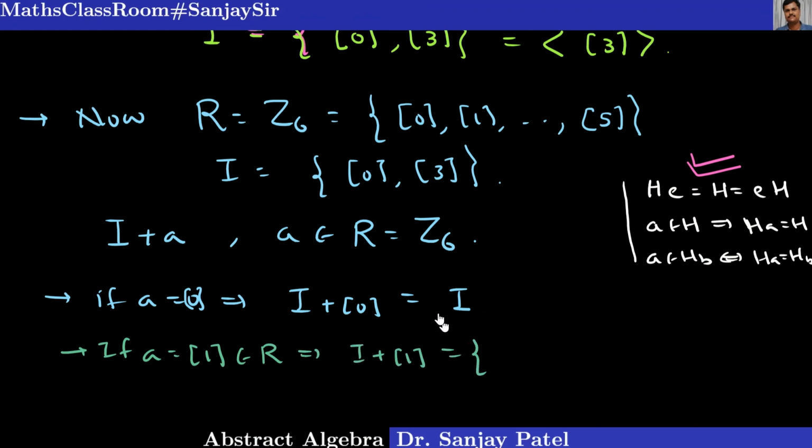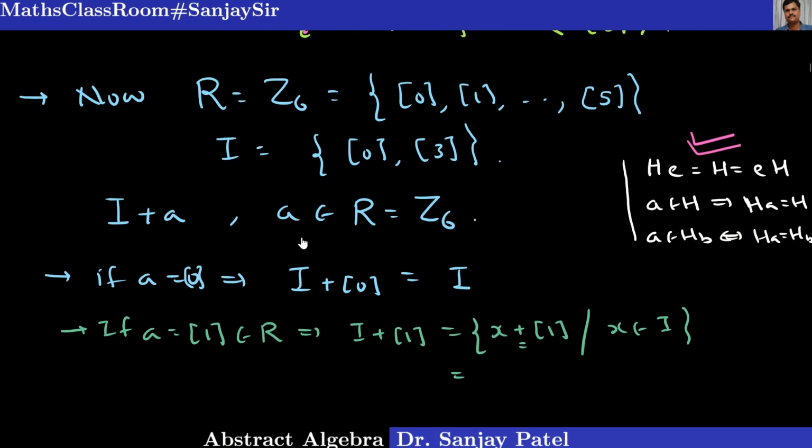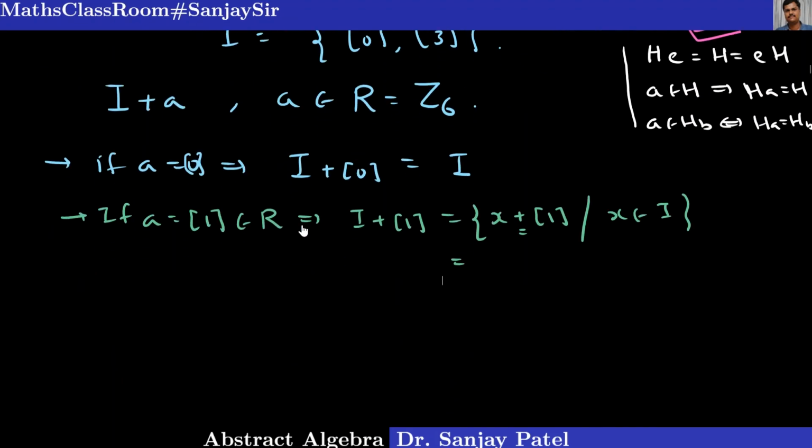What you have to do is just keep on adding this element 1 with elements of this, because this means X plus class 1 such that X belongs to I. And this plus is our addition modulo 6, because in ring R, which is Z6 in this case, the operation addition is the addition modulo 6. So we get 1 and 1 plus 3, that is 4.